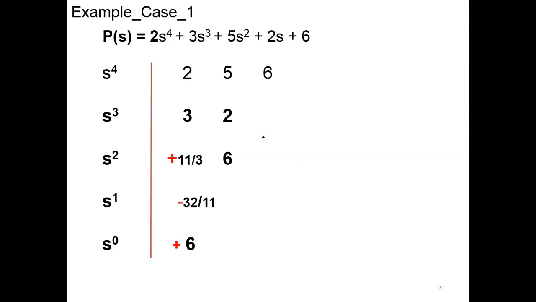To elaborate, this value will be obtained like this: minus 1 over 3, the value above from this term, and the coefficient will be obtained, and this 2, 3 and 5, 2 will be equal to 4 minus 15, so will be equal to minus 11. The answer will be plus 11 over 3. Similarly, this value comes to be minus 32 over 11 and plus 6.